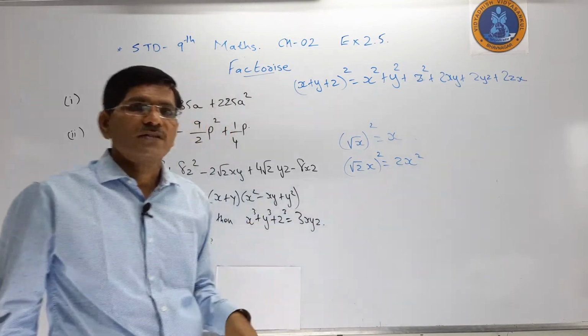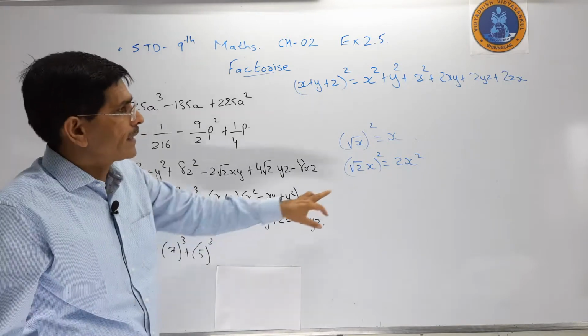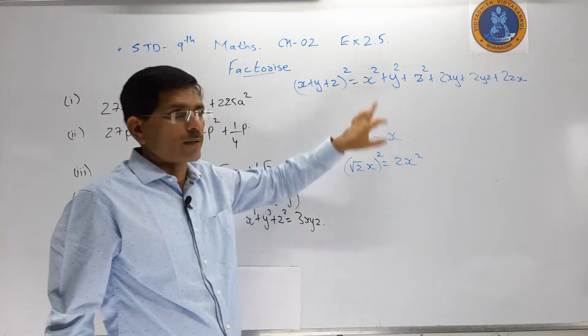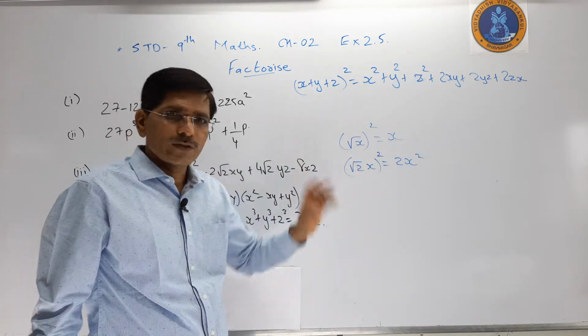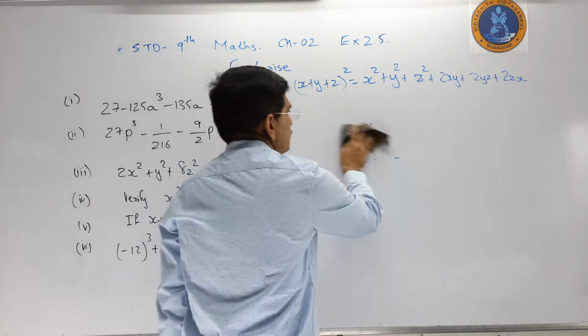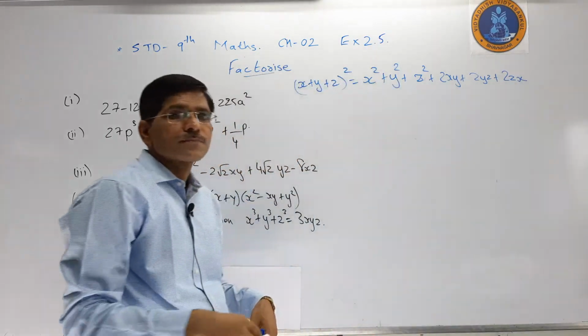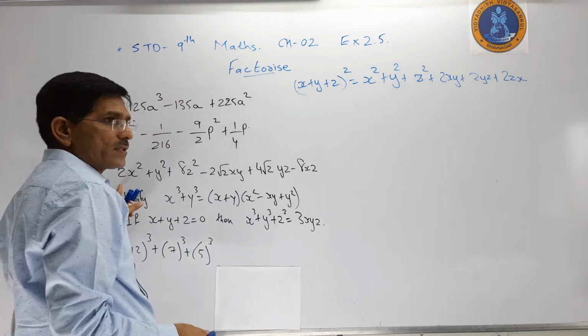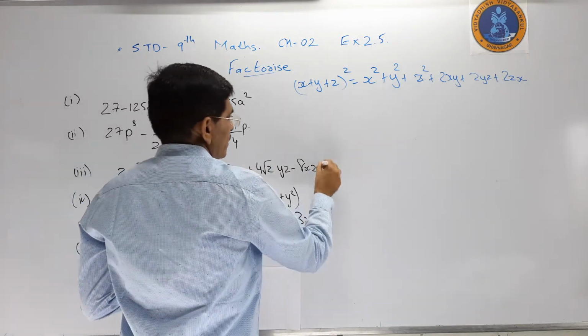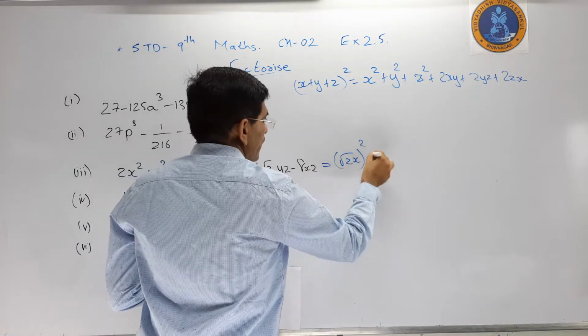So what is my first term? Actually it is 2x square. But in the bracket what do I have to write? Under root 2x whole to square, then we can get the correct answer. So now first term, under root 2x whole to square.